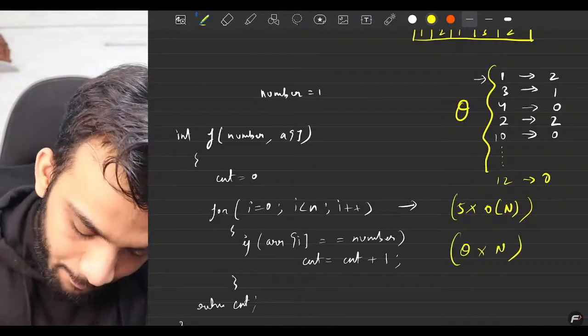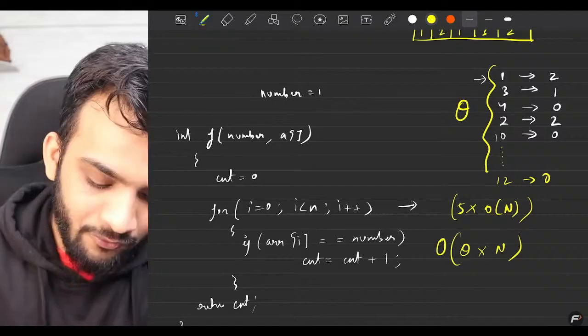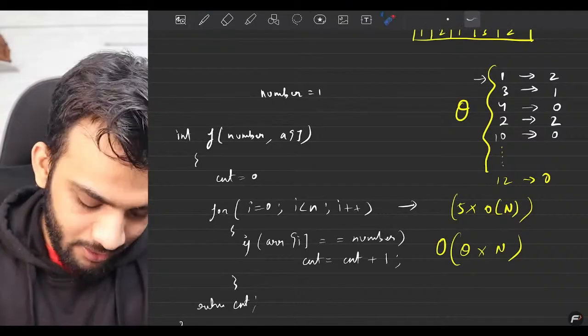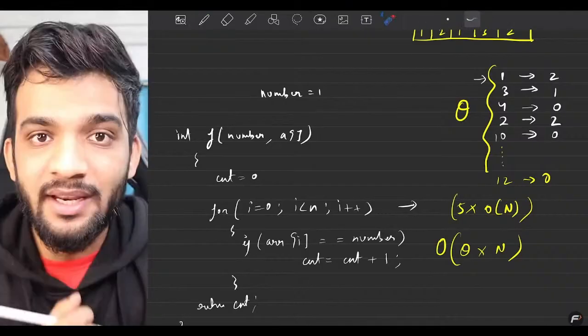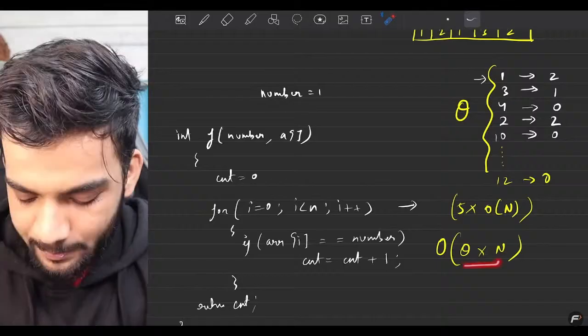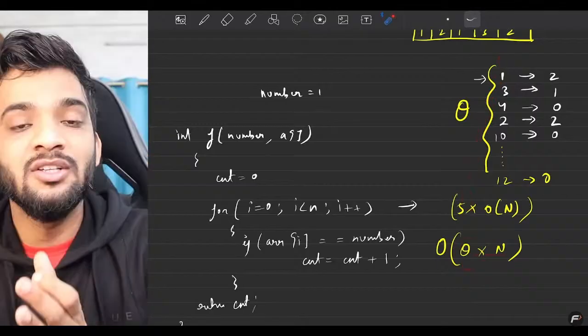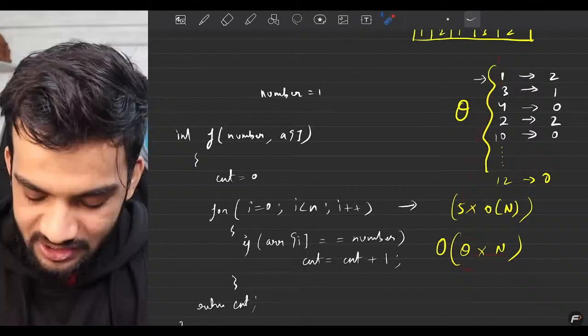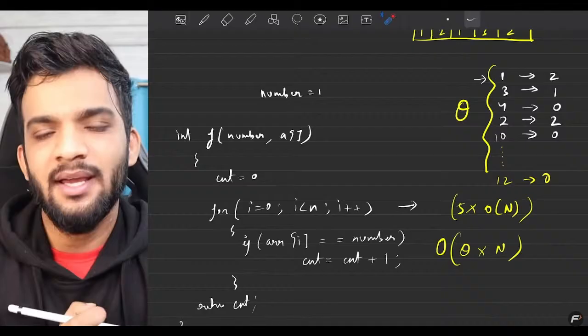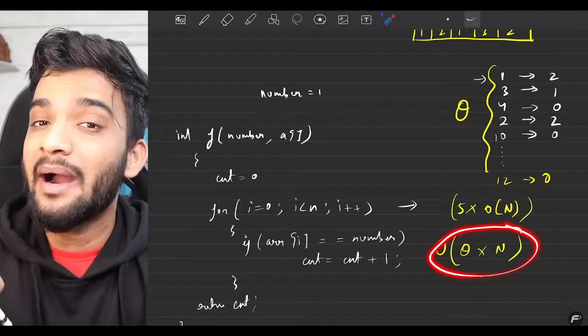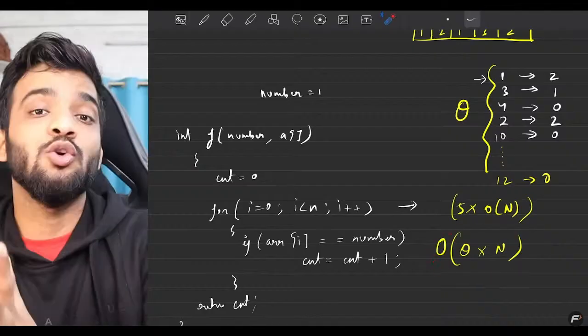Because every time you are taking a for loop and computing it, the time complexity will be q because there are q numbers, and every time you are computing n, so the time complexity boils down to q into n.